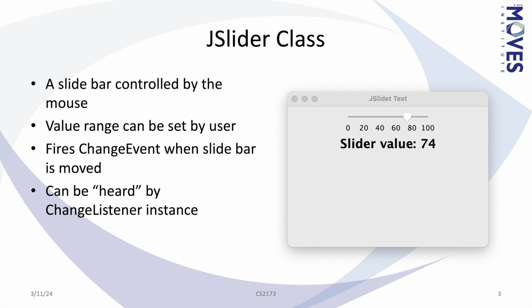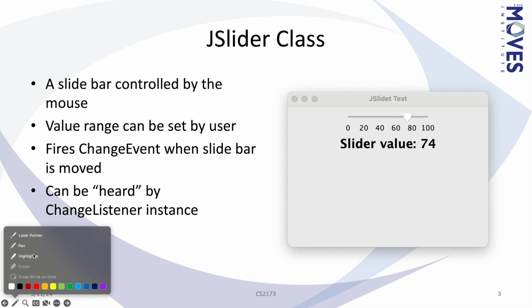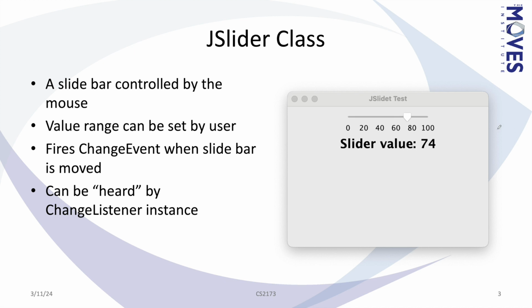Okay, so the slider. What is the slider? It's this little thing that should look fairly familiar. In this case it's horizontal; you can configure it to be vertical as well if you like. It's got a little scale, a certain length, and a little nib.